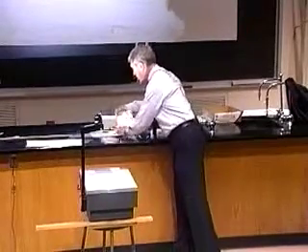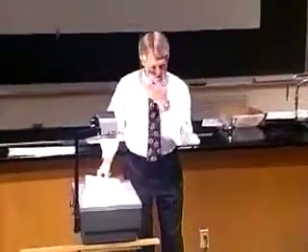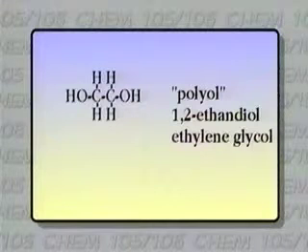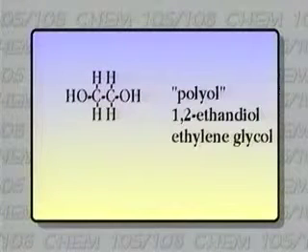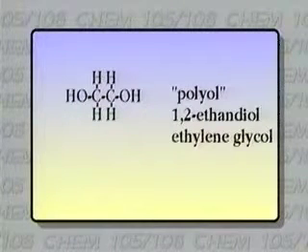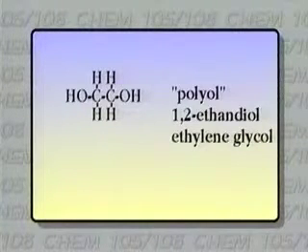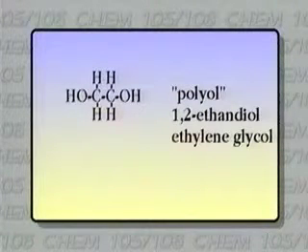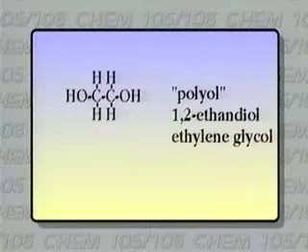Now, alcohols can have more, or I should say organic compounds can have more than 1 alcohol group on the same molecule. And so here we see the first of these. This is an ethane, 2 carbons. But in this case, we've taken off 2 hydrogens and put 2 alcohol groups in place. As a group, anytime we have 2 or more alcohols on a compound, we use the term poly.